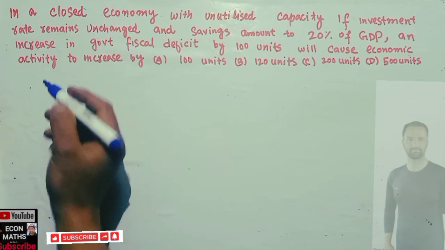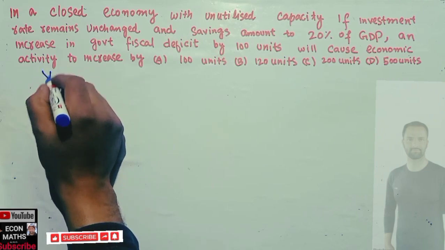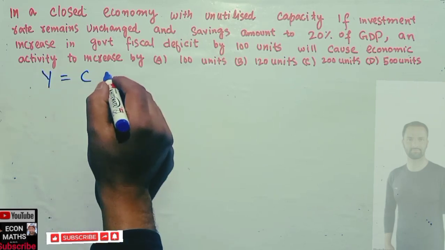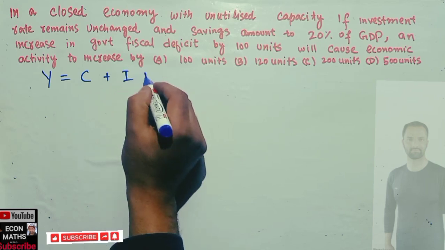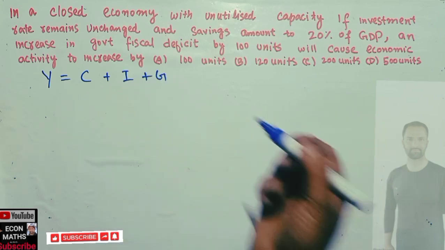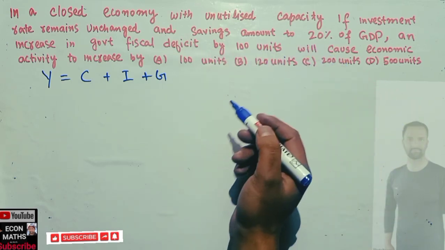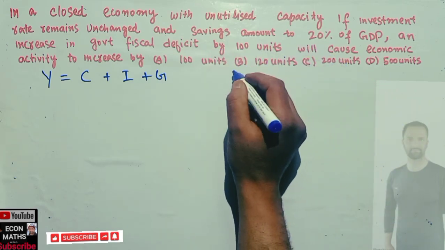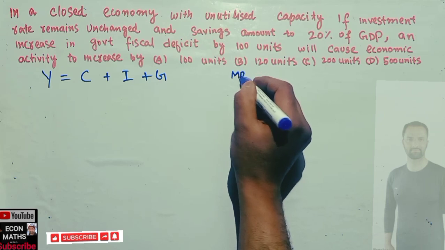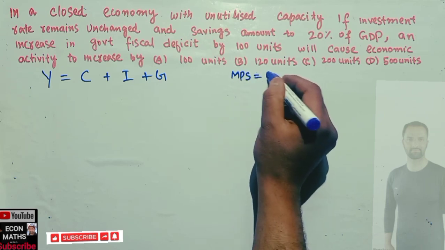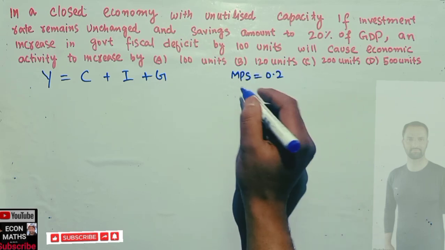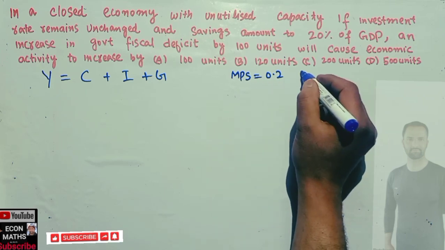So our GDP equation will be Y = C + I + G. Now we are being told that our saving rate is 20% of GDP. That means our marginal propensity to save is equal to 0.2. And what is our marginal propensity to consume?